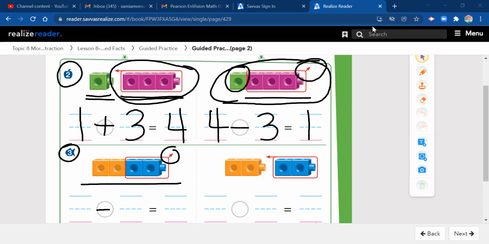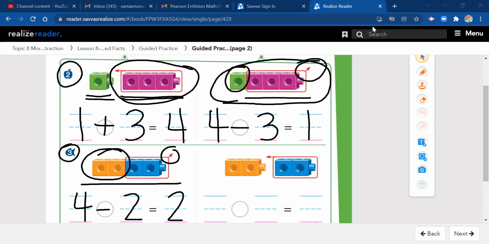How many cubes do we have? 4 cubes. We're taking away how many? How many are circled in red? 2. So 4, take away 2, or 4 minus 2 equals how many are left? These are the cubes that are remaining. There are 2 cubes left.